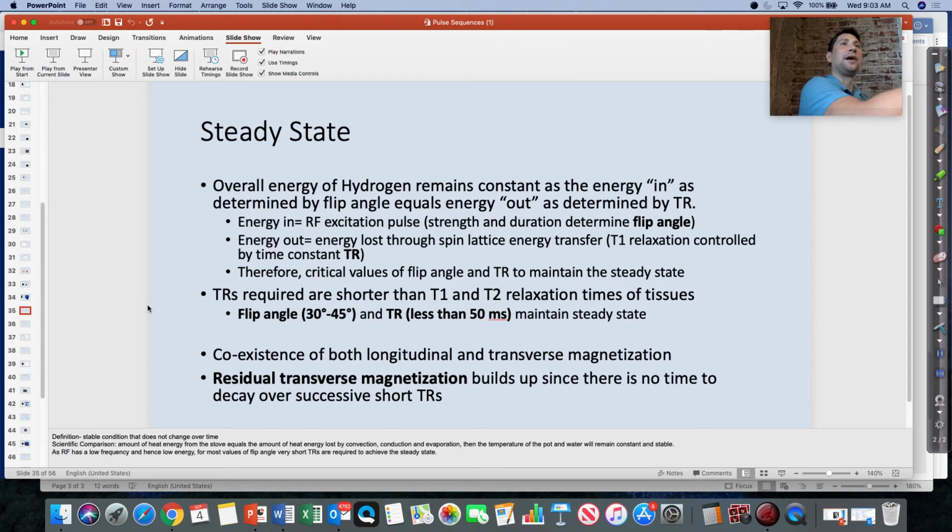It takes a little while to get that pot boiling, so we're putting energy in, but once it has started to boil, you maintain that heat, and you're getting evaporation and things like that, so you're maintaining a steady state where that water doesn't get any hotter.